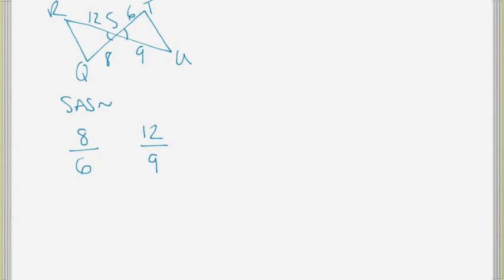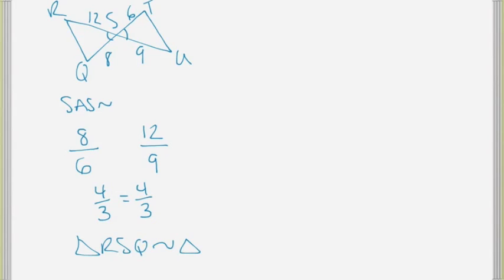So then we need to set these up. 4 to 3. 4 to 3. They reduce to the same thing. So these two triangles are in fact similar. Now we need to name them. I can name the first one whatever I want. For the second one, R is next to the unknown and the bigger.